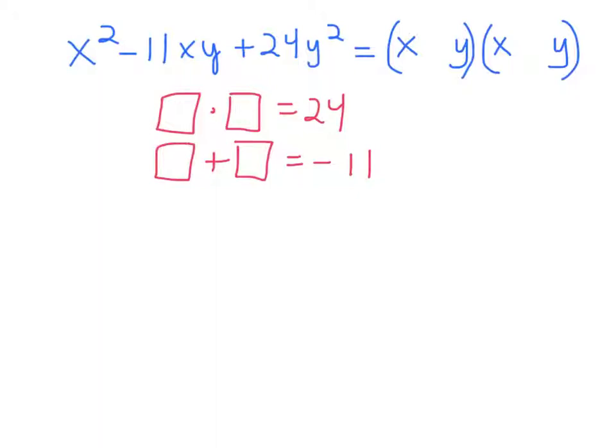So you're looking for two negative numbers, and the numbers are -8 and -3. So when you write it in, it's going to be a -8y and a -3y. So you see, this is almost the same as before. The only real difference is that there's a y at the end of each one of these factors.